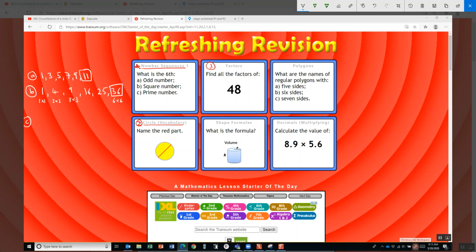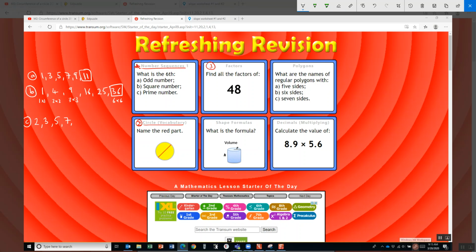And our prime numbers. Remember, the first prime number is not 1, it is 2. The second one is 3, 5, 7, 8. No, it is not prime because it can be divided by 4. Remember, prime numbers can only be divided by themselves and 1.